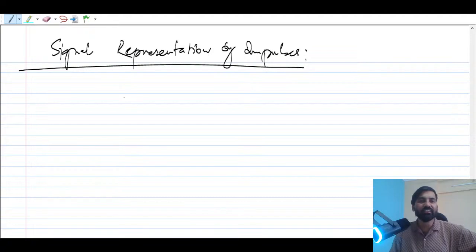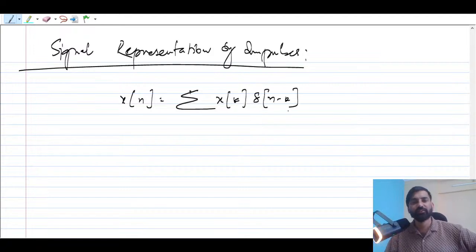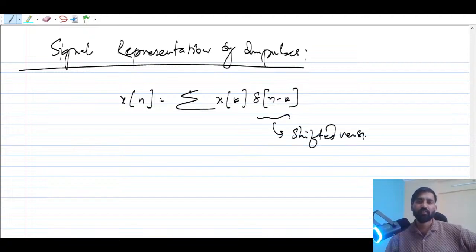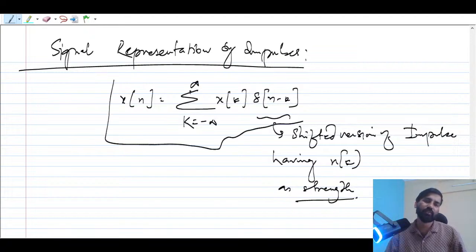So any discrete time signal can be expressed as the sum over x of k times delta, a shifted version of the impulse having x of k as strength. And k will range from minus infinity to infinity.